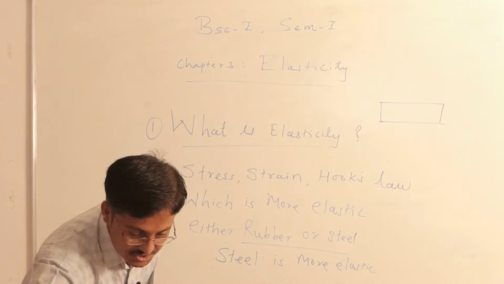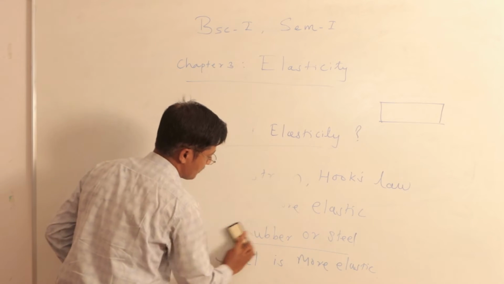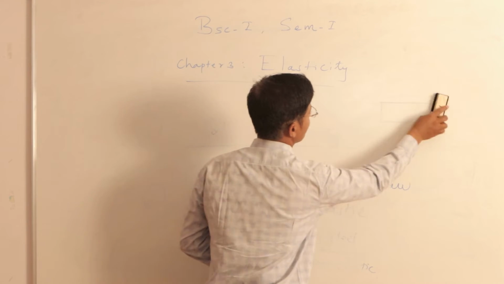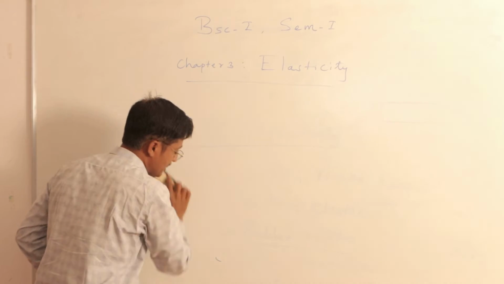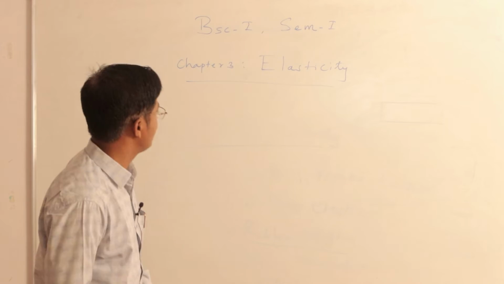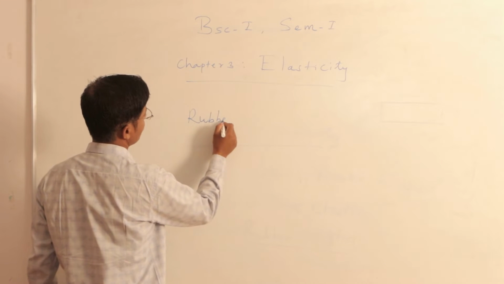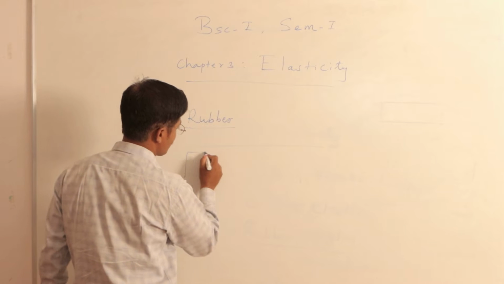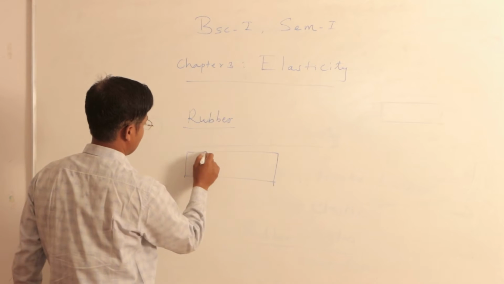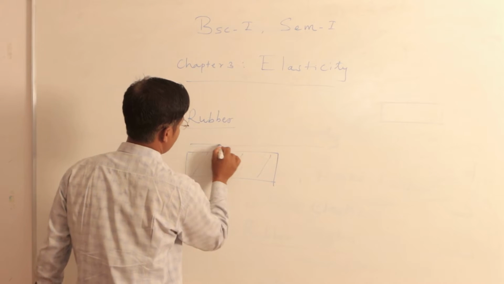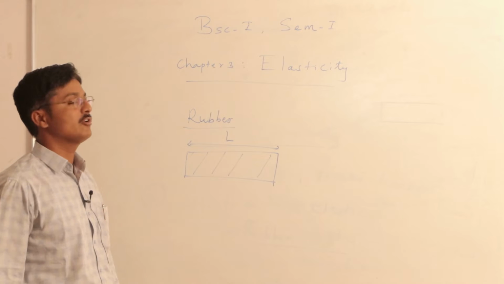I will elaborate this by taking the example of a piece of rubber, so you will become more acquainted with the property of elasticity. Suppose this is the piece of rubber, and this is the original length, capital L, of the rubber.